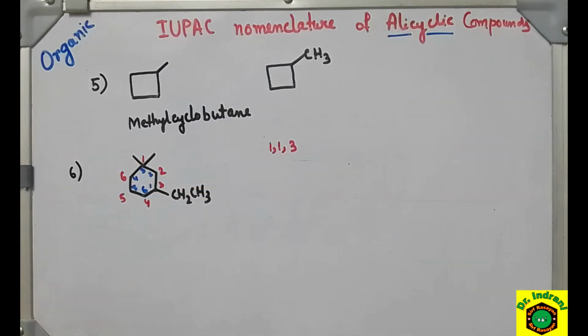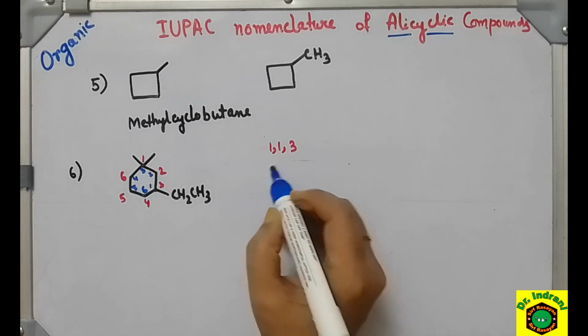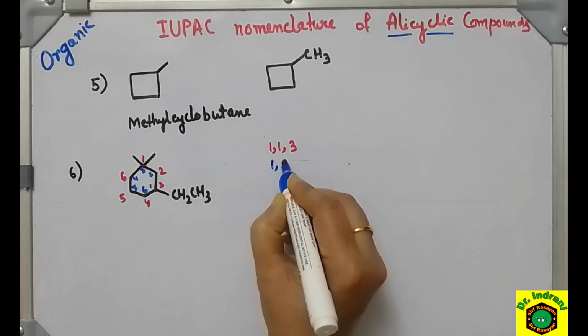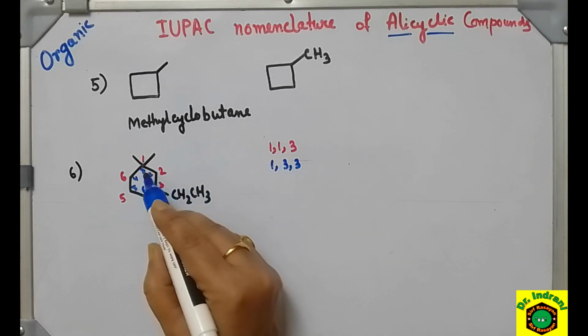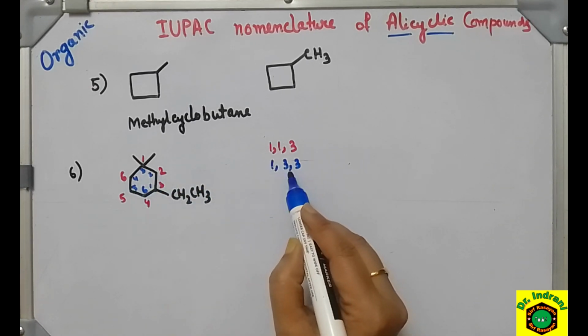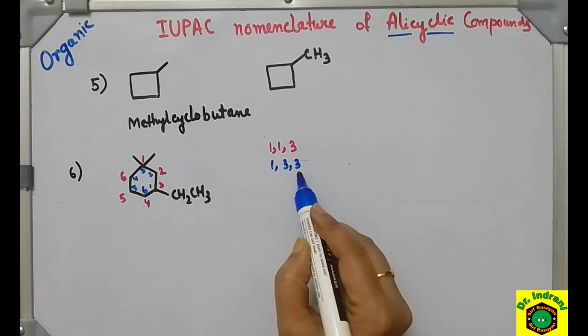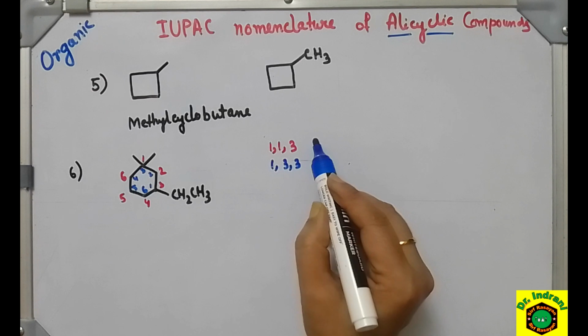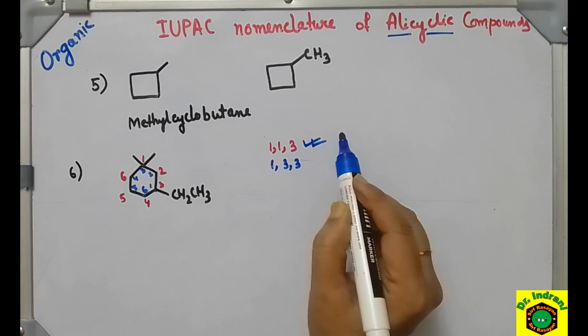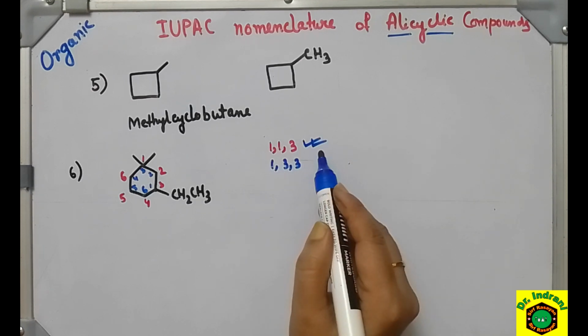And if we do it like the blue numbering, it will be 1, 3, 3: at position 1 an ethyl group is there, and at position 3 two methyl groups are there. So following the lowest set of locants rule, this is correct. This is the lowest set of locants.